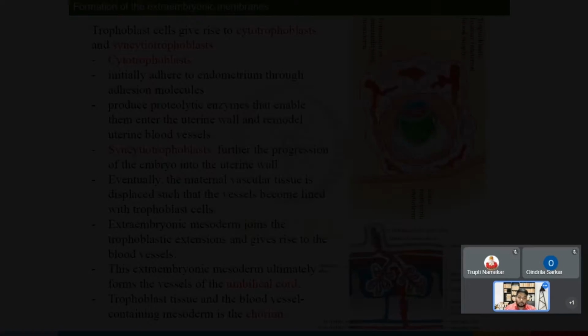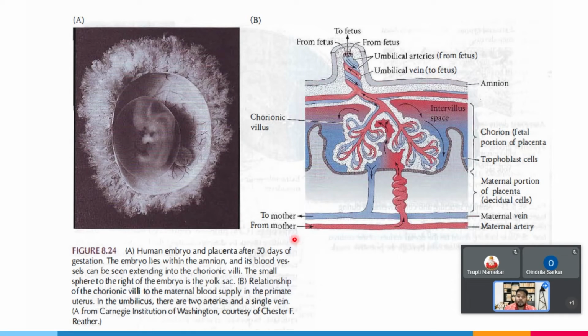So we had the picture here. Yes, we have the picture right here. As you can see, this structure, which ends up into blood vessels which look something like this coming from the fetus itself, is the embryonic part of the placenta, which is known as the chorion.